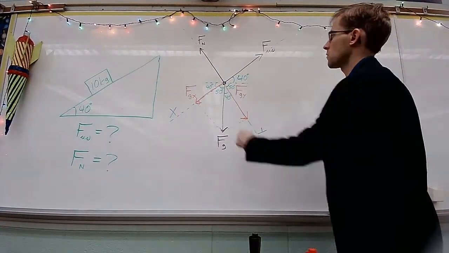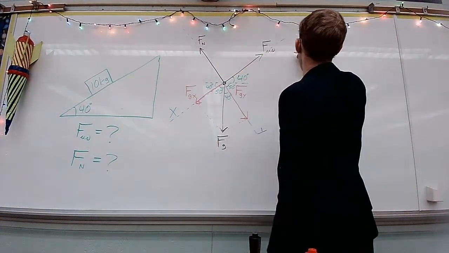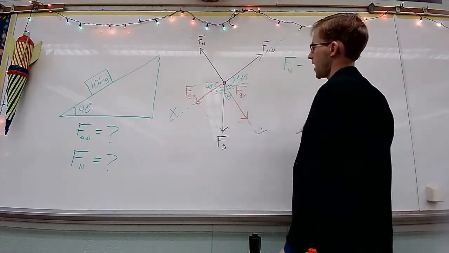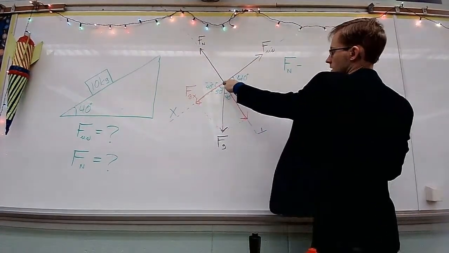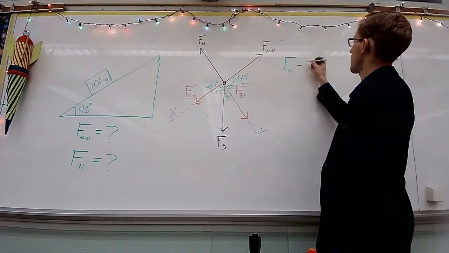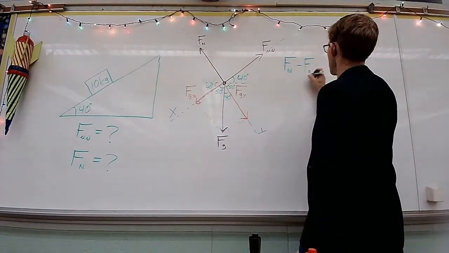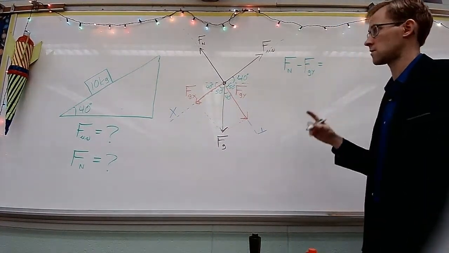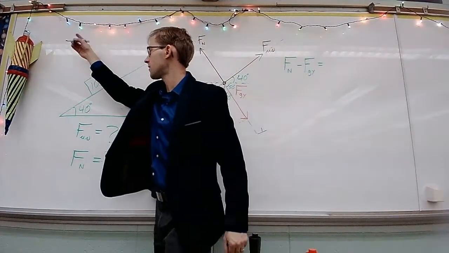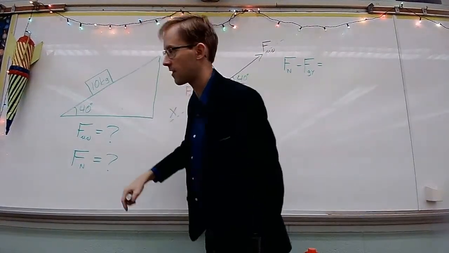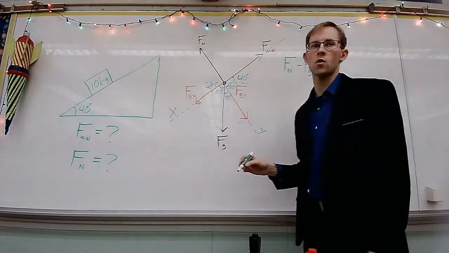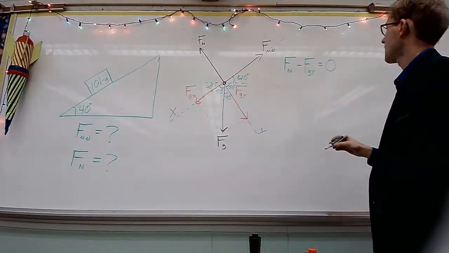In the y direction, we've got normal force going one way, and we've got gravity in the y direction going the opposite way. And because this object is not accelerating in this direction, underneath the incline, this equation is equal to 0. And in this chapter, all of our equations will be equal to 0.